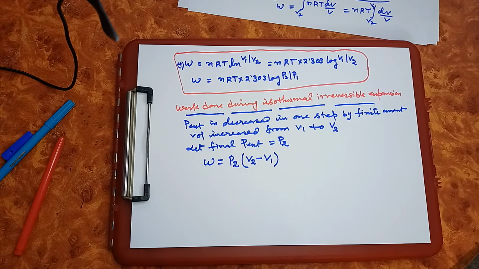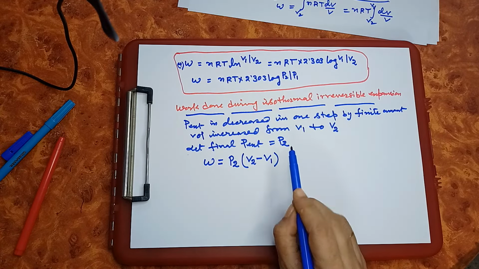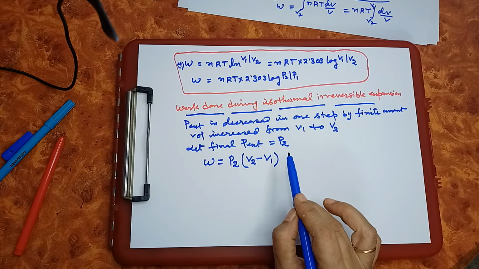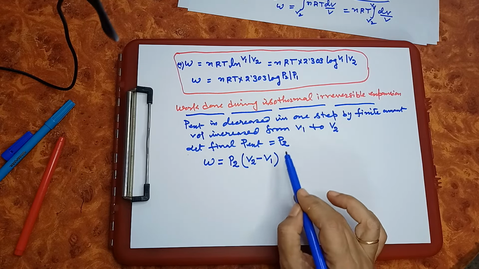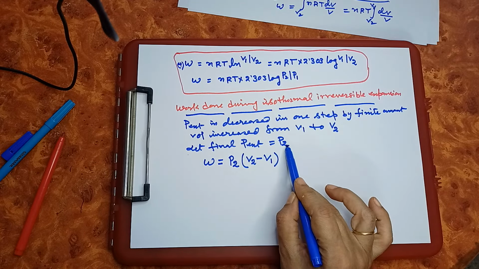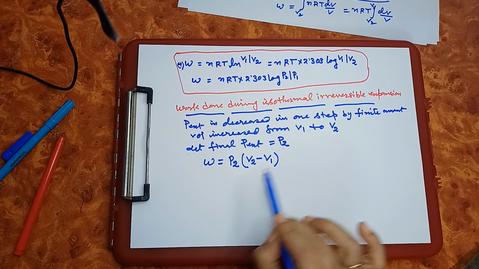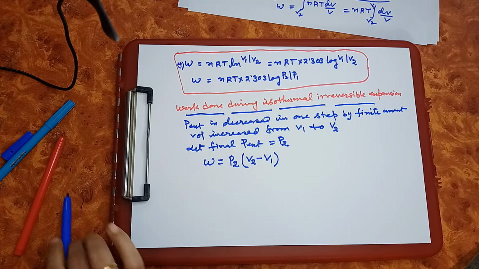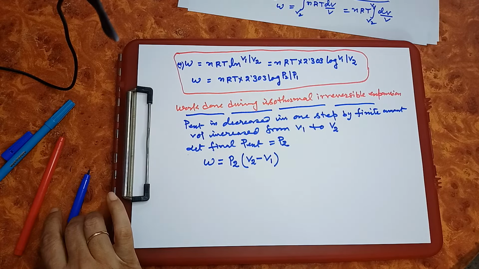So this is the work done by the gas during isothermal irreversible expansion. Pressure is suddenly decreased by a large amount, say to P2, and the gas is working against this final external pressure P2. So P2 into the change in the volume.